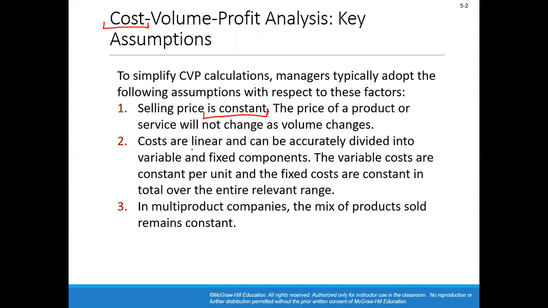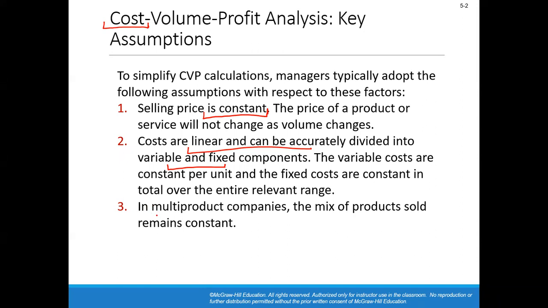And we need to assume that costs are linear and can be accurately divided into VC and FC. That means the variable cost and the fixed cost can be clearly identified. And the costs are linear. When you can express the relation between the cost and the volume with the help of a straight line, it has a linear relationship.